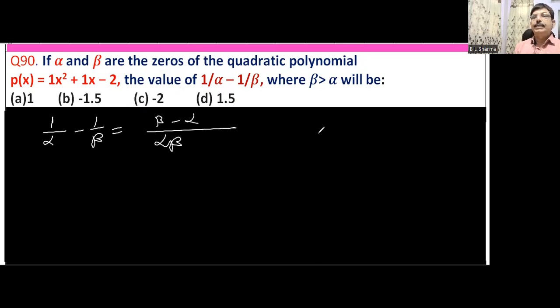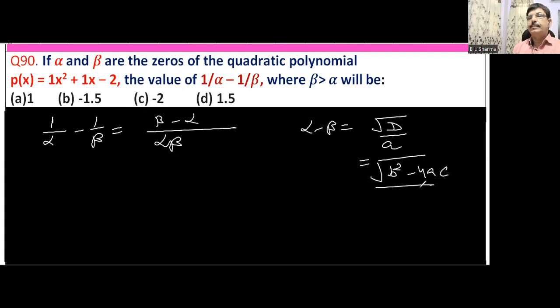But we know that difference alpha minus beta, meaning difference of zeros, is square root of b square minus 4ac upon a. ये अल्फा माइनस बीटा का डायरेक्ट फॉर्मूला है. आप चाहें तो यहाँ पे प्लस और माइनस यूज कर सकते हैं.